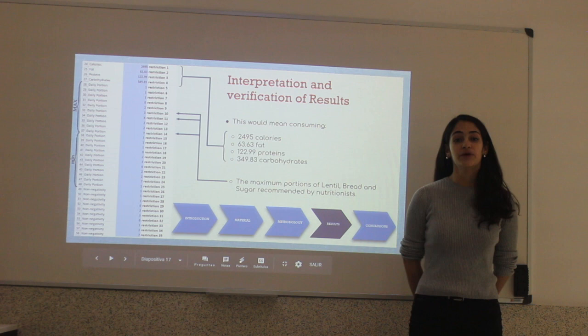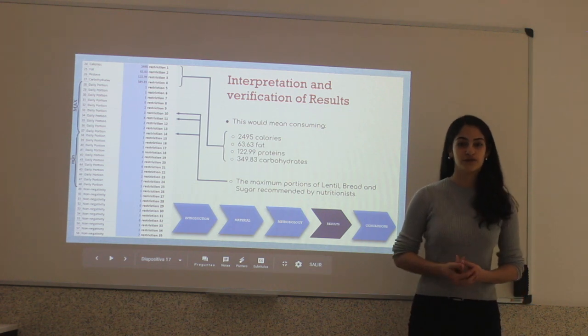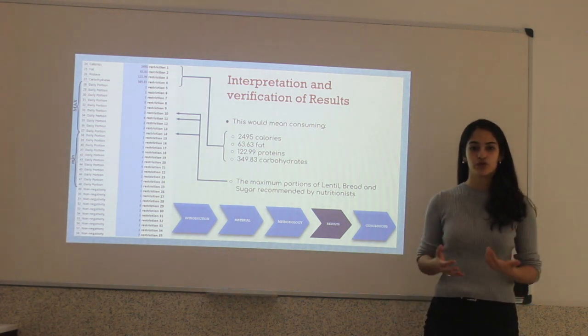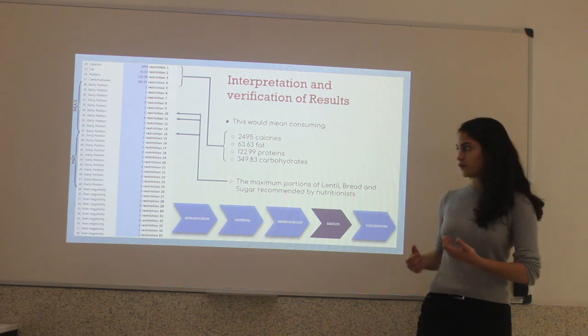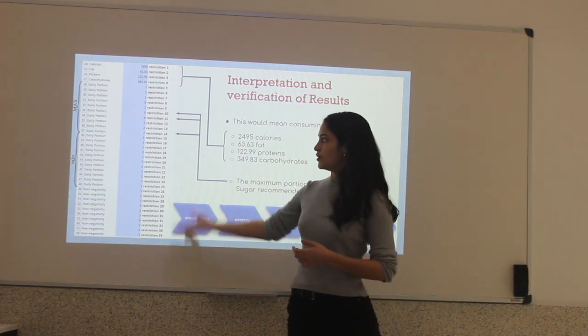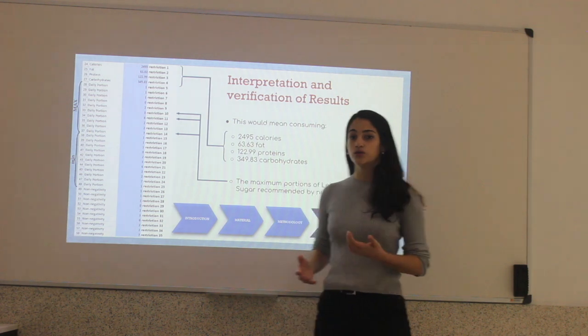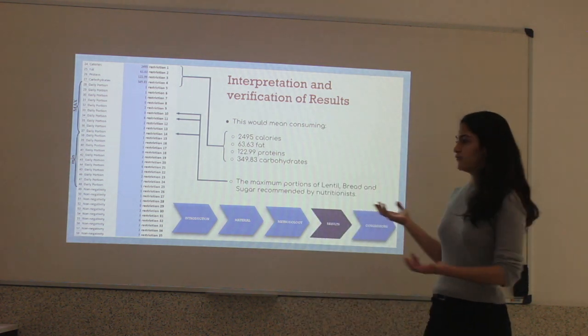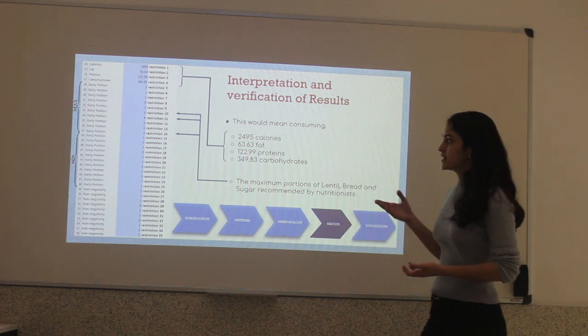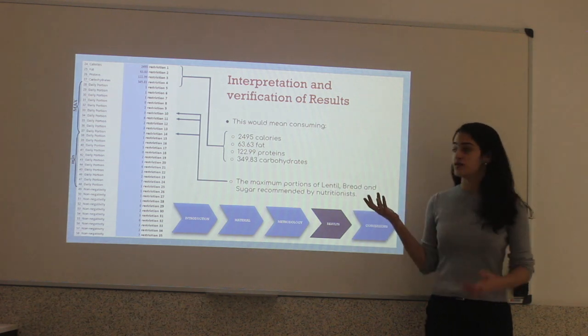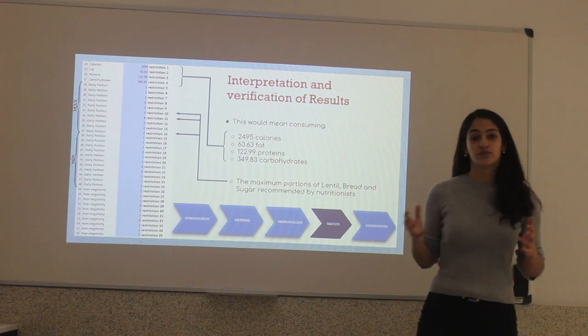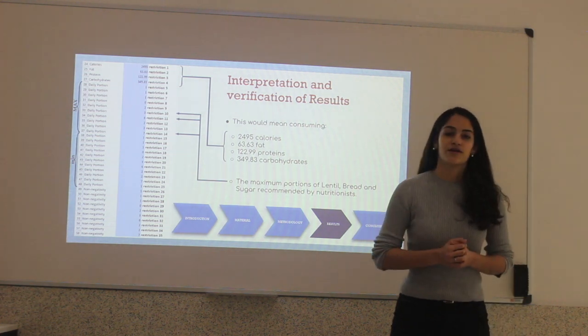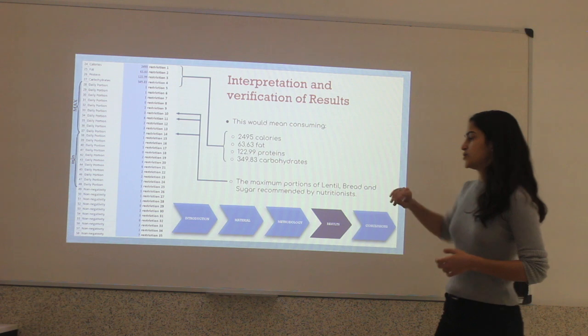Now we need to verify that the results given by Solver actually respect the restrictions that we introduced in the software. By noticing the column that gives us the result, we know that it is a fair result. And by observing the exact quantities they give us, we know that the average Spanish person would survive with this nutritional information.